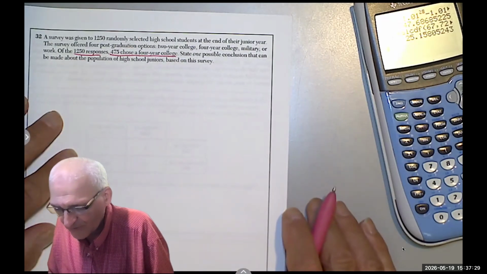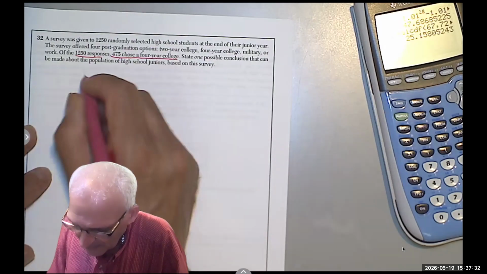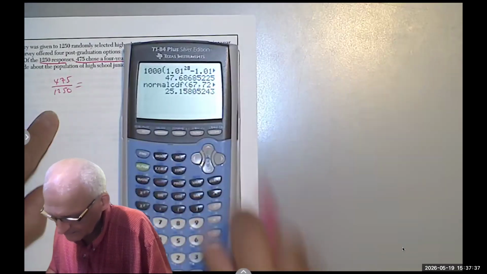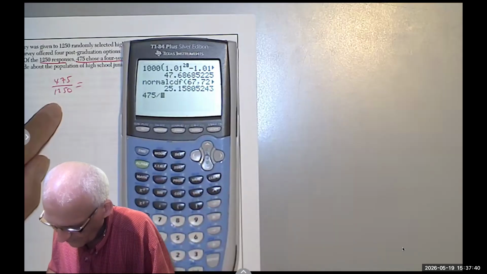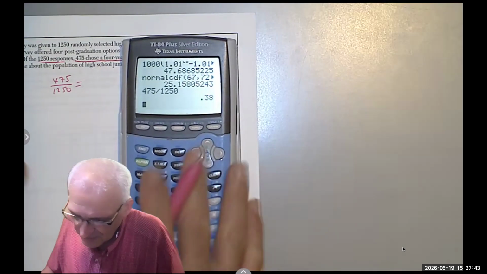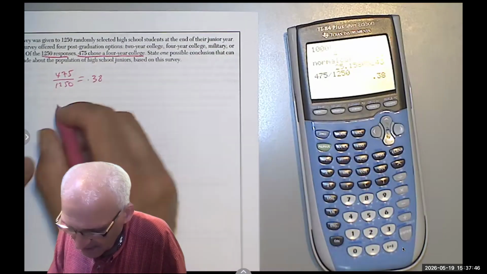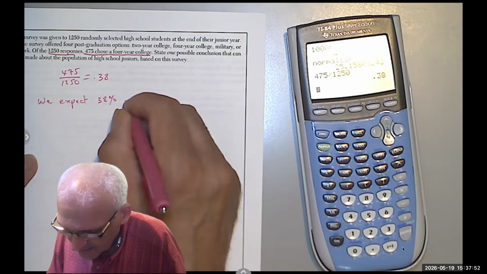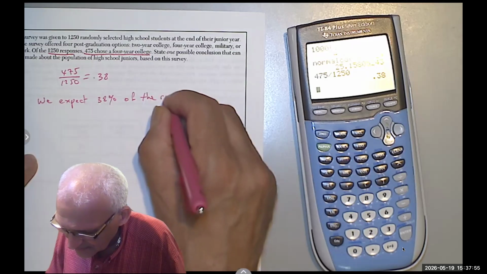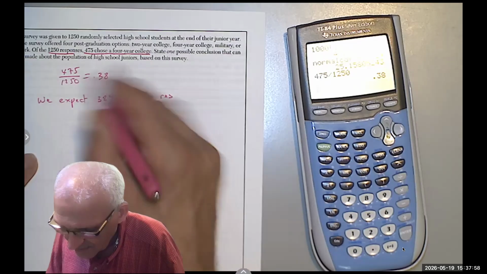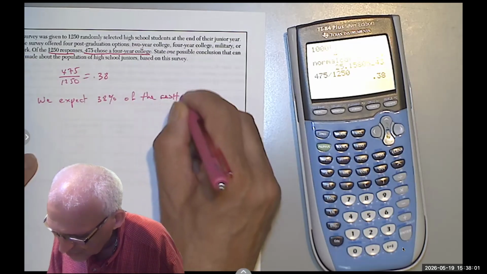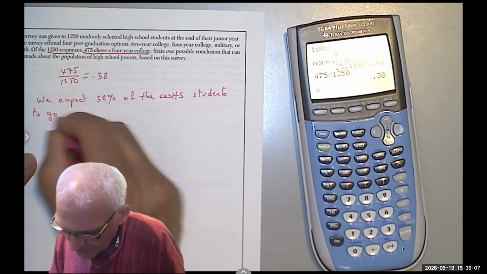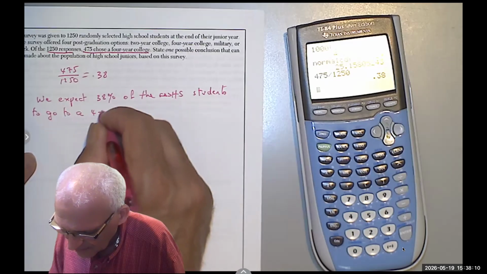So based on this survey, we can expect 475 over 1,250 equals 0.38. So you can say we expect 38% of the responders, or of the high school students, to go to a 4-year college.